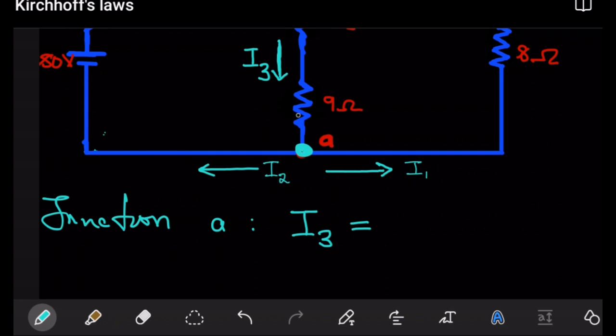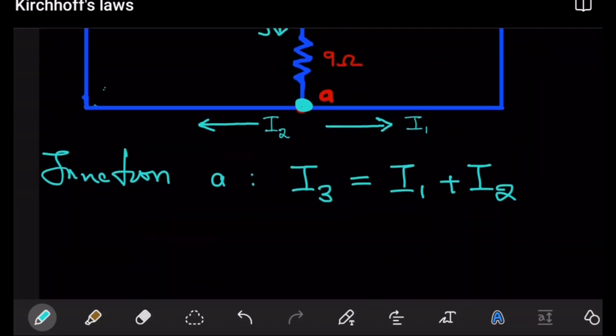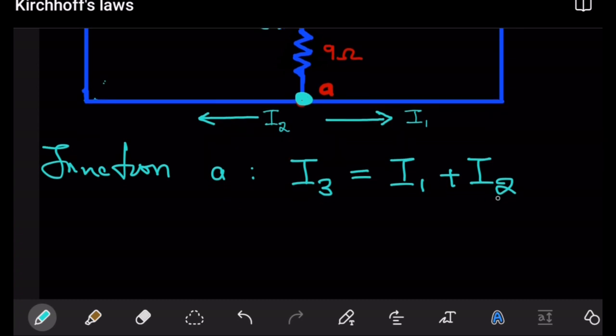Junction A sees I3 entering, and it sees I1 and I2 leaving. So I3 has to be equal to I1 plus I2, the two currents that are leaving. This is what we get from the junction law at point A. It can also be written as I3 minus I1 minus I2 equal to 0, but we'll leave it like this.